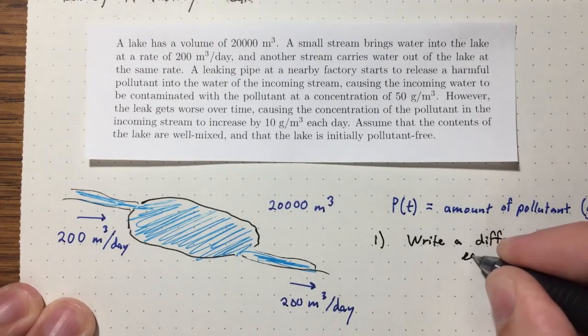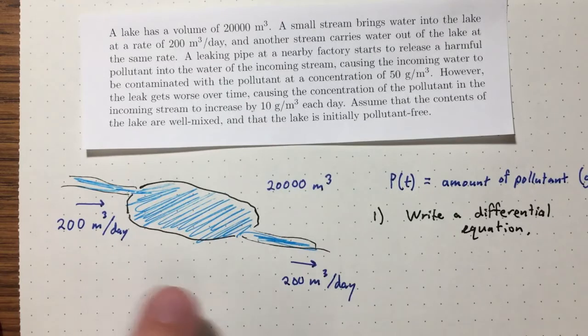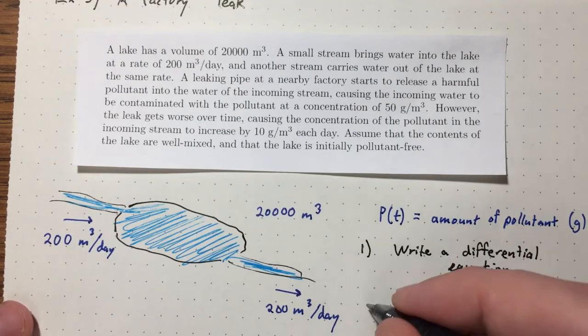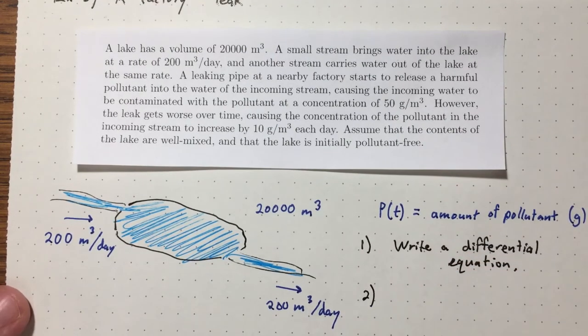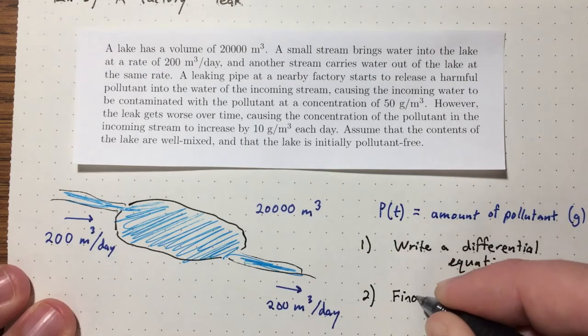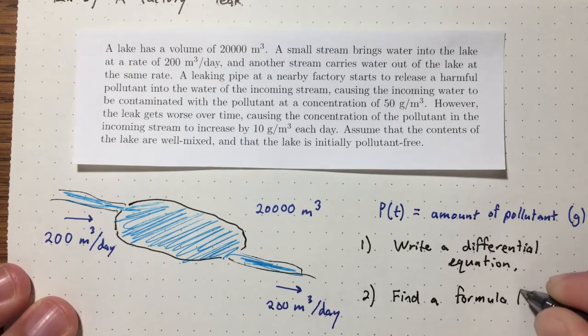If you're ever in trouble with this, just go back to the first example we did in this video. And that one was a bit different because the volume was changing. Here the volume is actually not changing. Right? Okay, so write a differential equation. Second step, solve it, right? So you're going to find a formula for P of t.